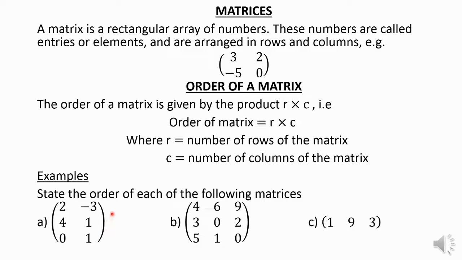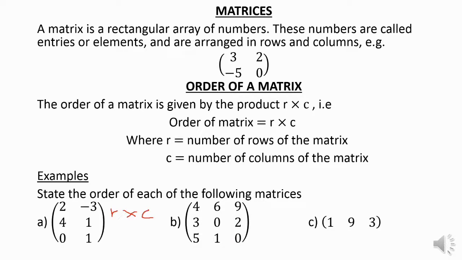Since we want to find the order of the first matrix, the first thing is to write down the formula for finding the order of a matrix. The formula is R times C, or R by C, meaning the number of rows by the number of columns of the matrix.